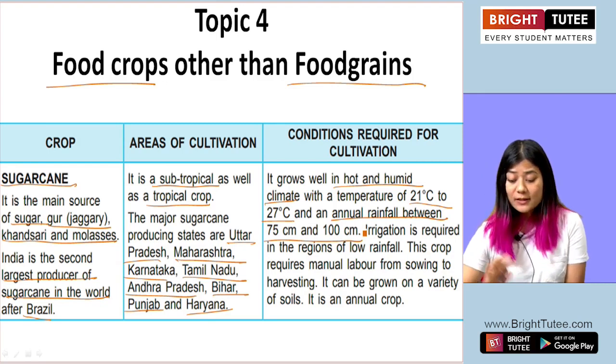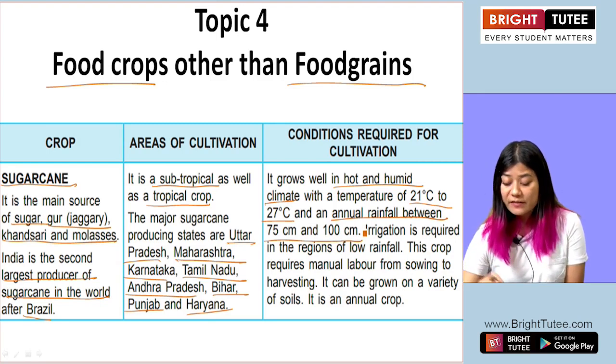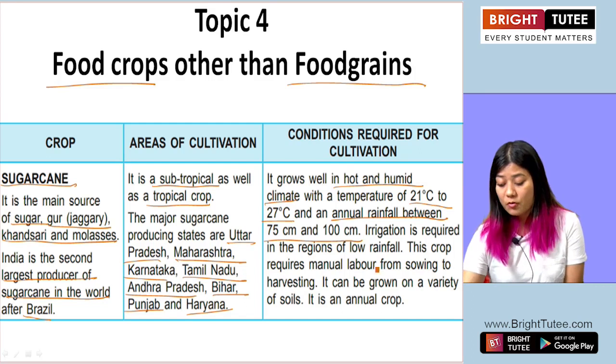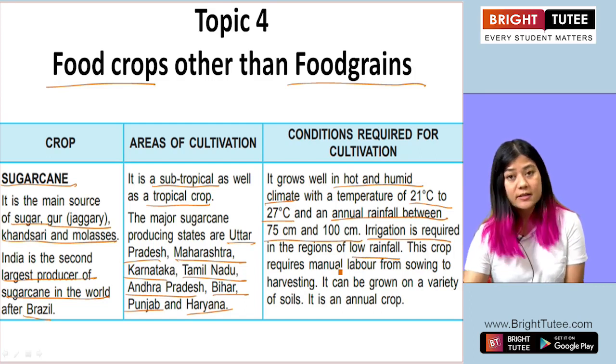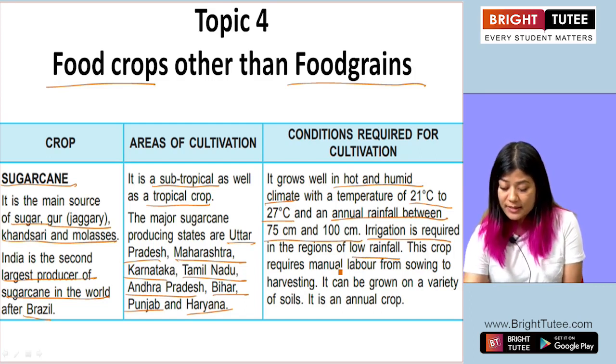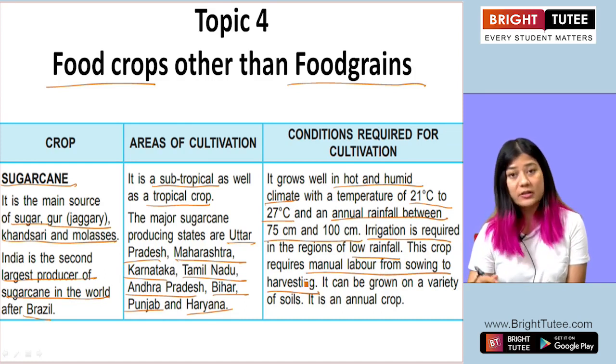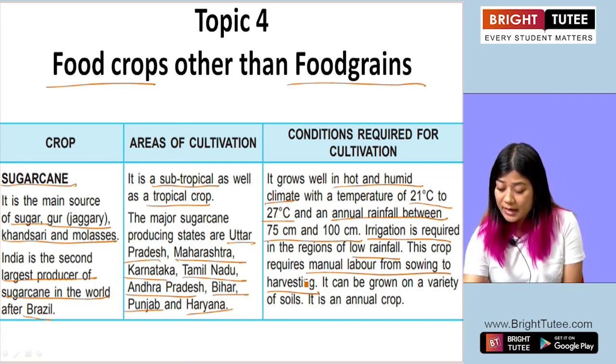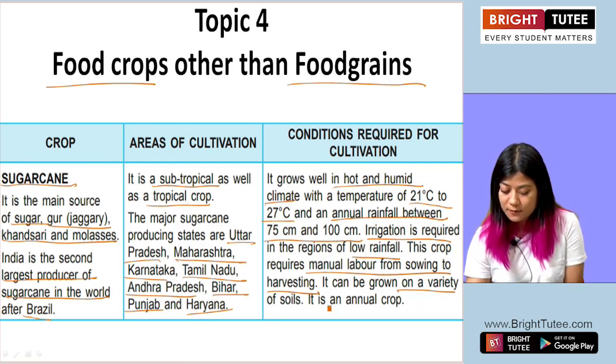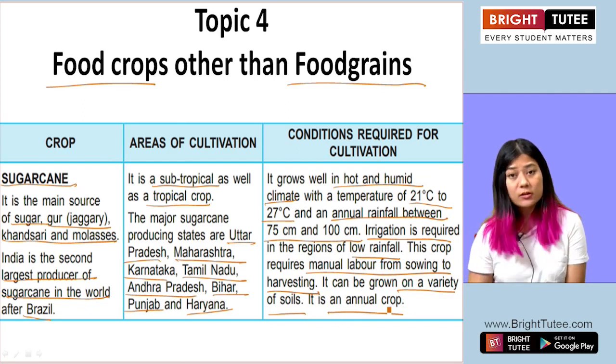Now, while cultivating sugarcane, if the area receives low rainfall, then irrigation is required. This crop requires manual labor from sowing to harvesting. So it is labor intensive cultivation. It can be grown on a variety of soil. It is an annual crop.